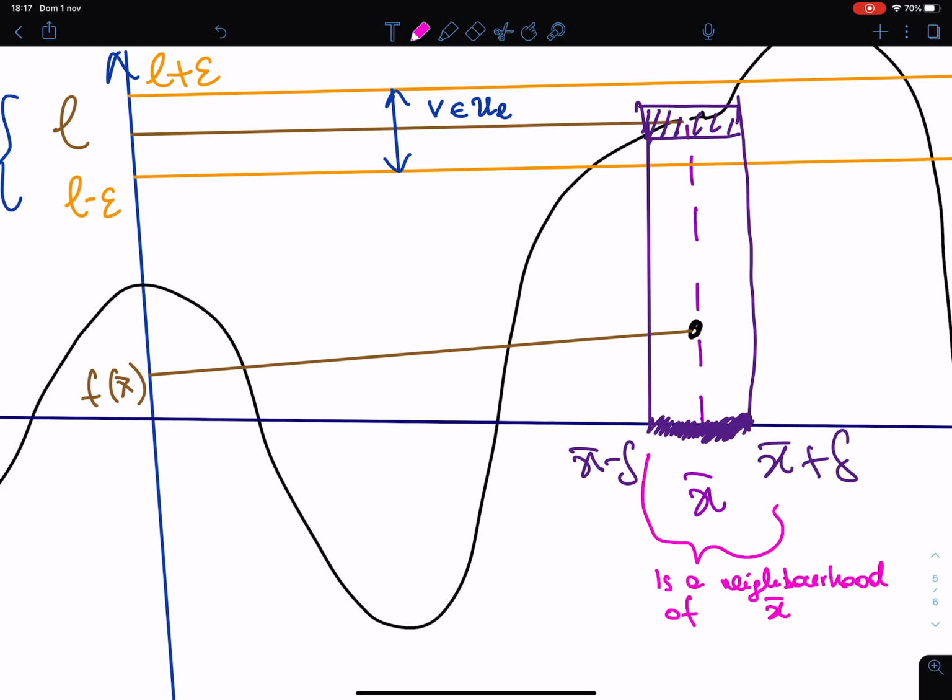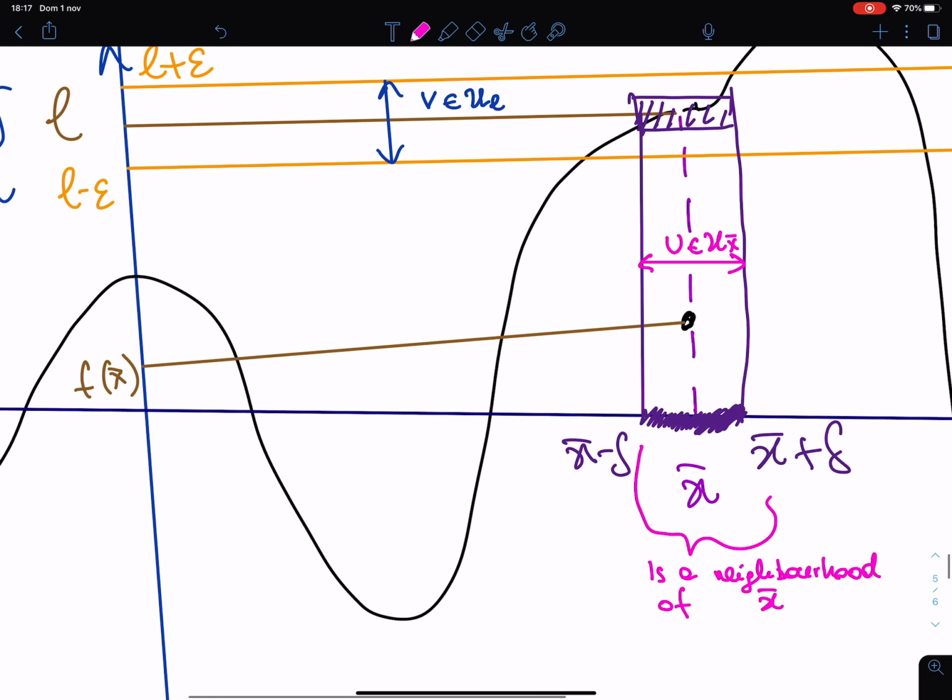And this is x minus delta, x plus delta, and we can call it u, which is a neighborhood of x bar.